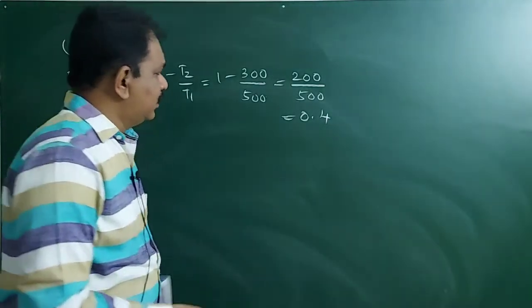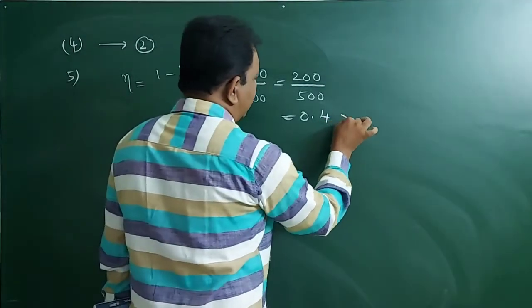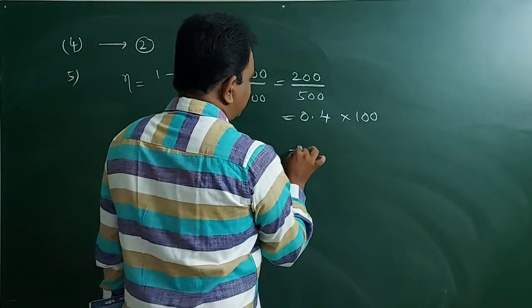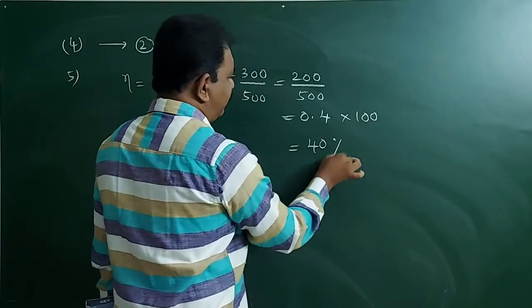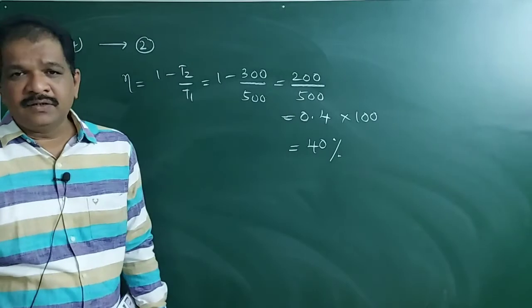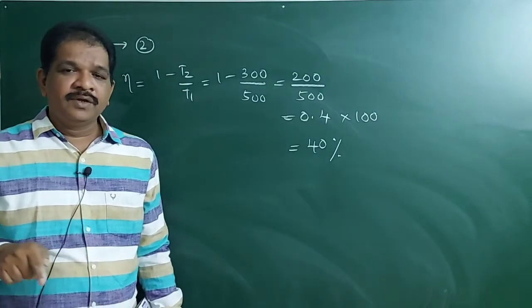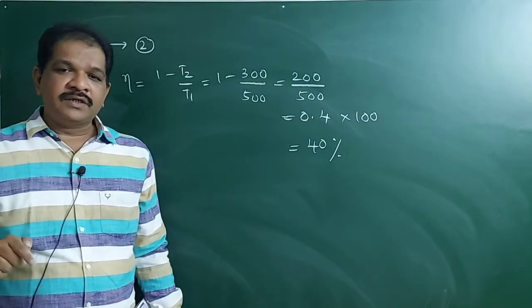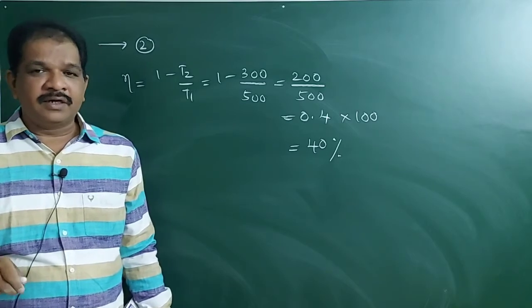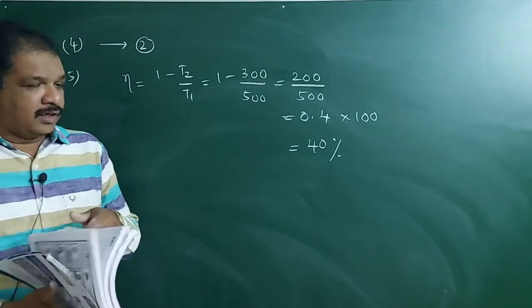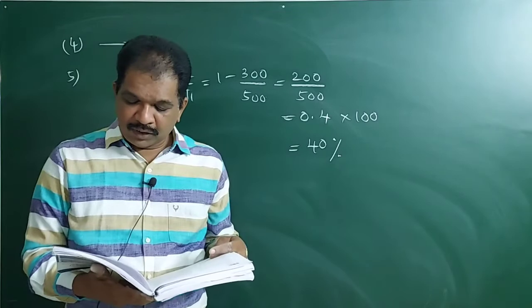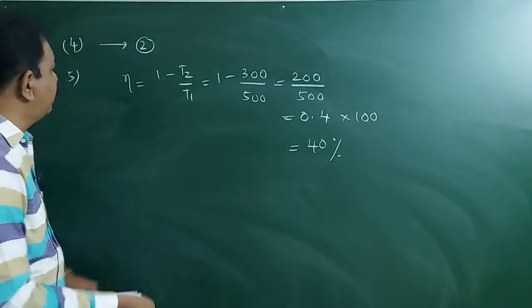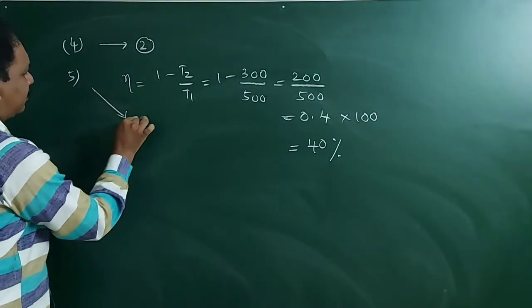Percent means you multiply by 100. So this value will be 40%. Efficiency is 0.4; percentage of efficiency means multiply with 100. You will get 40%. Okay, 5 will be the third option.